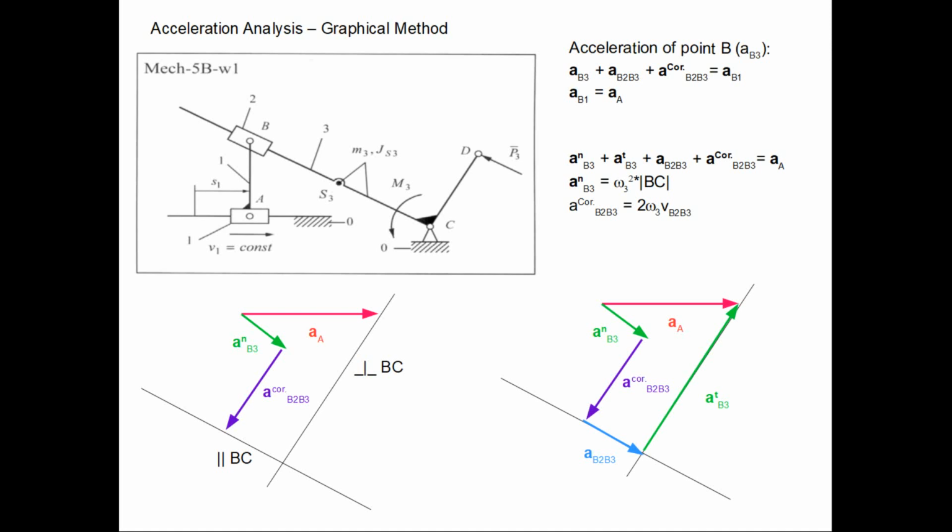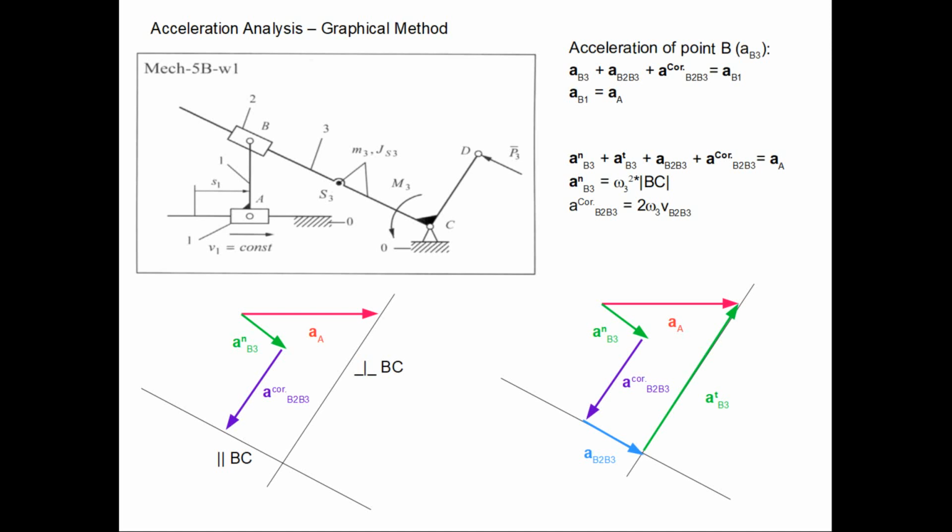So we have to draw two directions. The first is parallel to the BC, and the second is perpendicular to BC. So we draw the first direction from the end of the Coriolis vector, and the second must be drawn from this AA vector because these vectors must add up to form a sum of the vectors.